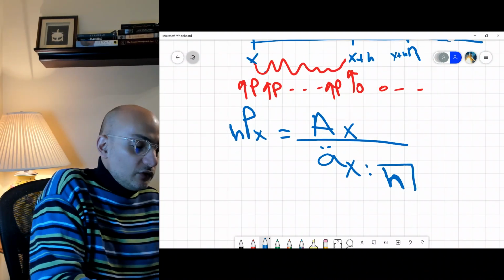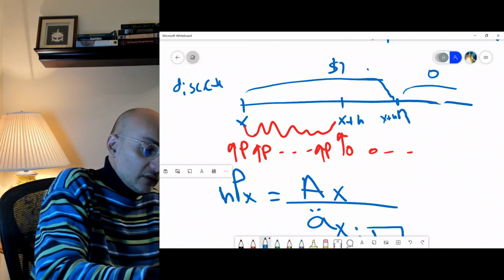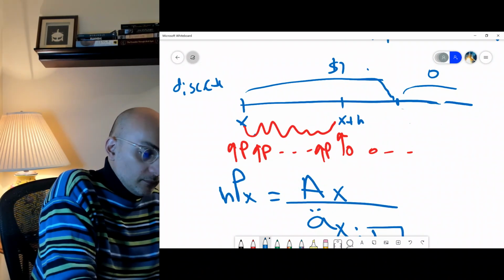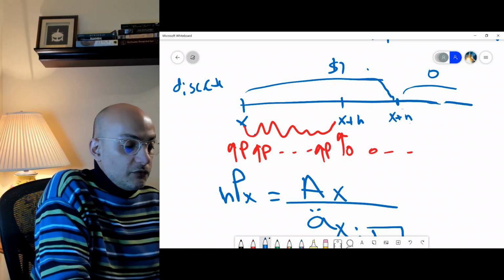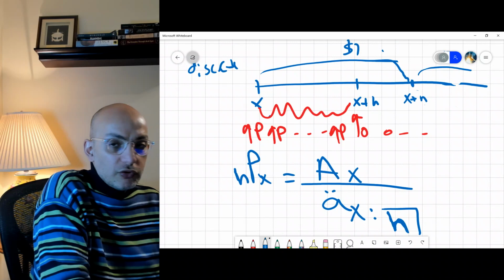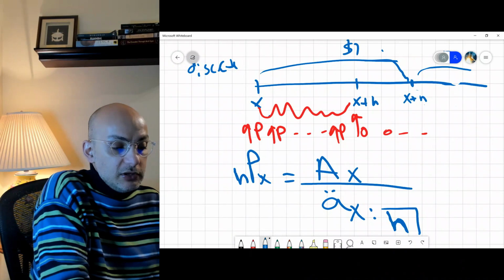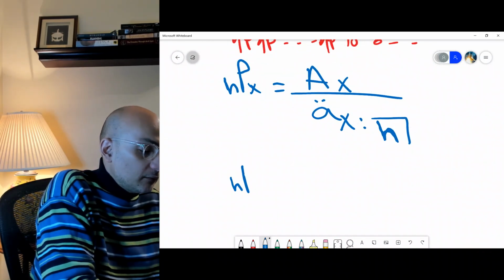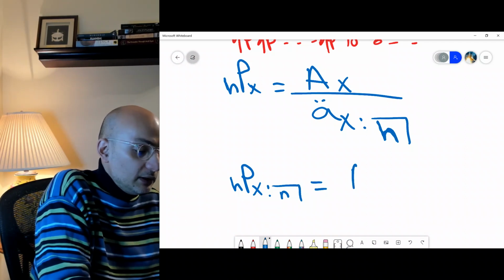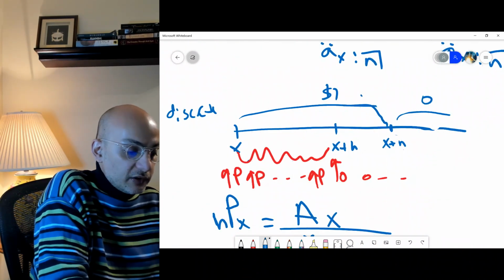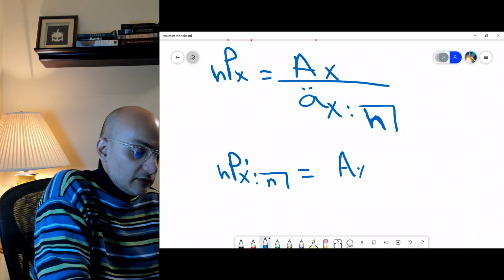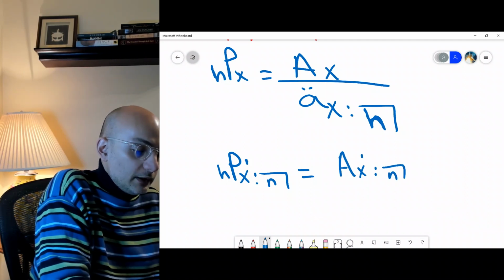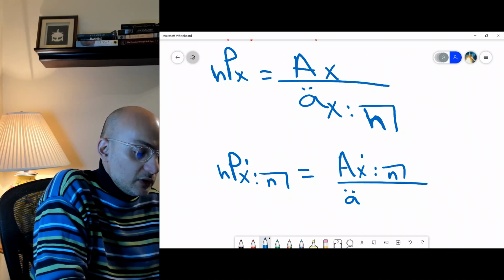So this should be N. If the premium is paid for H period and the insurance can be collected if death occurs within N years, then we can write the same thing, P X, but now the insurance is paid N. This one will be A, and there is a 1 here, because there is nothing, 0, if the individual survives. This will be A X N 1 over A small letter X.